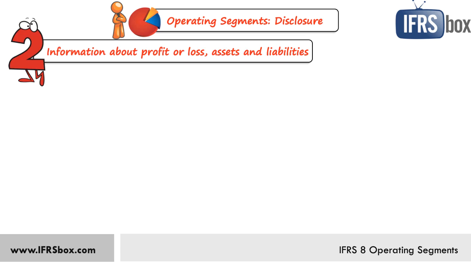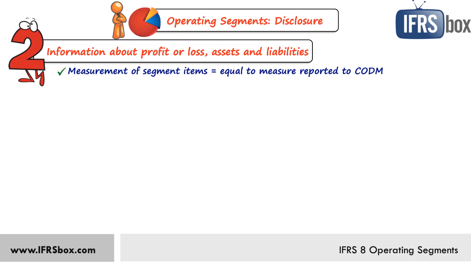The second category of disclosure is information about operating segment's profit or loss, including specified revenues and expenses, segment assets, and segment liabilities. This is probably the most important disclosure because here you're actually showing the numbers to the users. And the main rule is that you should show the segment numbers to the external users on the same basis as you reported them to the chief operating decision maker.